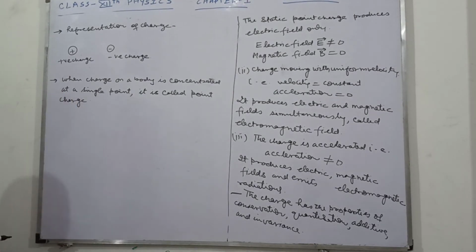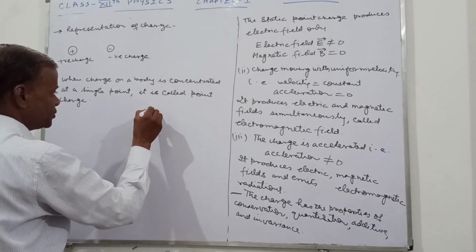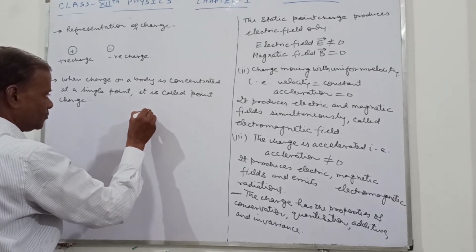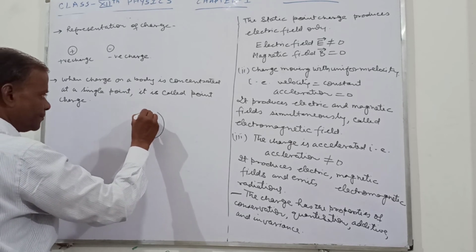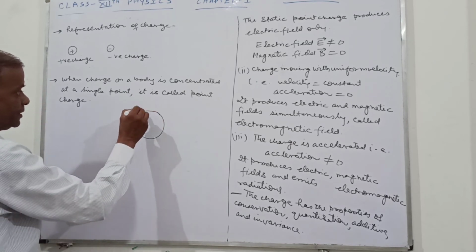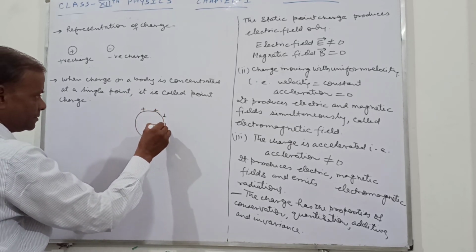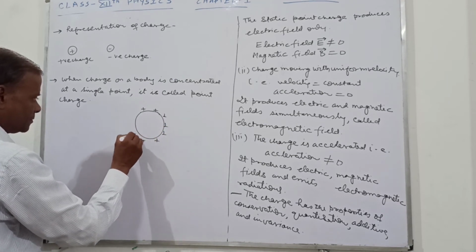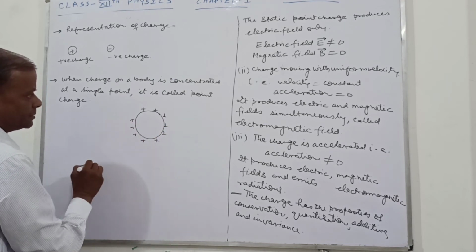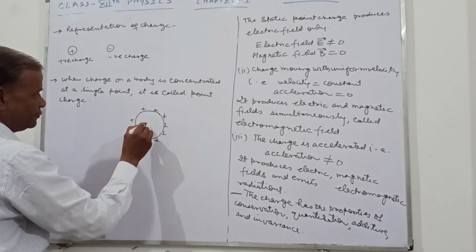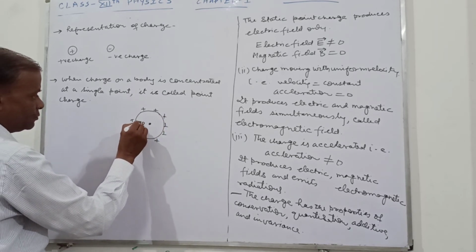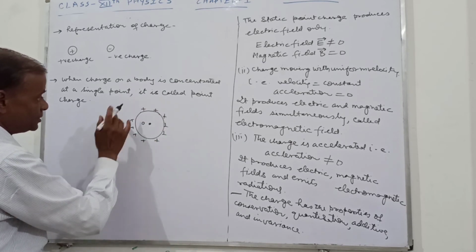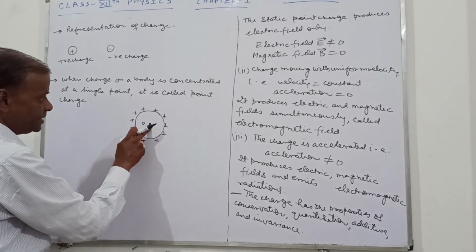Suppose we have this sphere, and we have positive charge on it. Then we can concentrate it at the center. Then we can assume that the whole of the charge is present at the center.